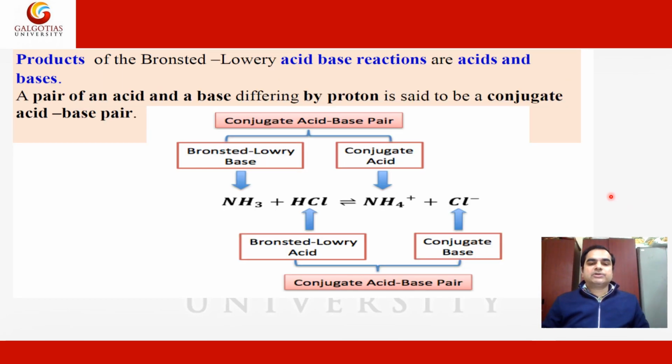Now, what are the products of Bronsted-Lowry acid-base reactions? Basically these are acids and bases. A pair of an acid and a base which differ by a proton is said to be a conjugate acid-base pair. As we can see in the reaction NH3 plus HCl producing the NH4 ion plus the Cl negative ion, NH3 and NH4 are referred to as a conjugate acid-base pair.